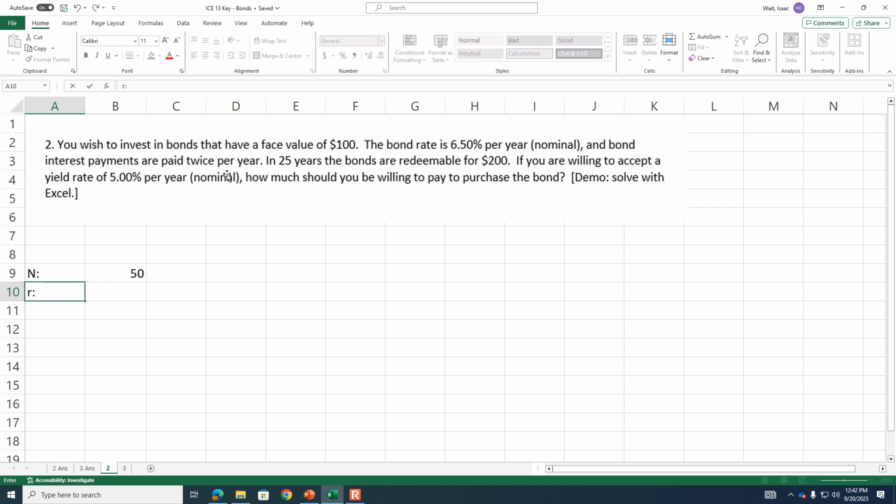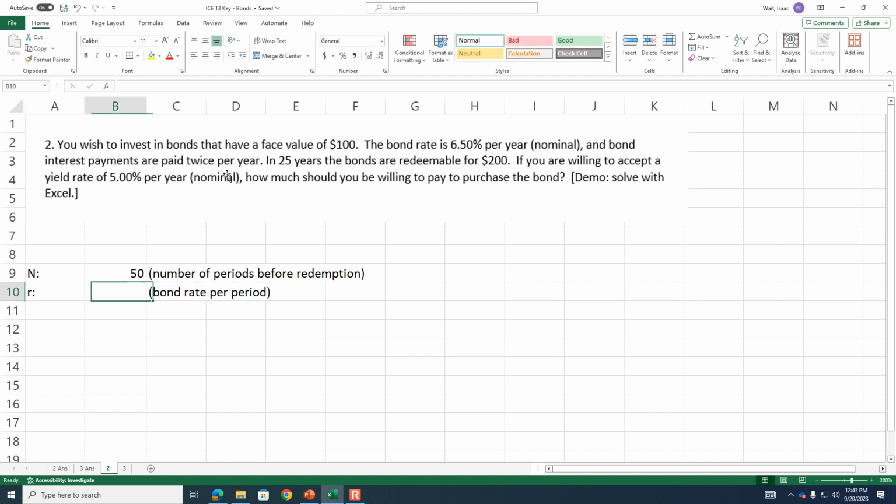Okay? R, the bond rate per period. By the way, I'll define these up to the side here. N is the number of periods before redemption. R is the bond rate per period. What is the bond rate per period here? It says the bond rate is 6.5% per year, so 0.065 divided by 2.